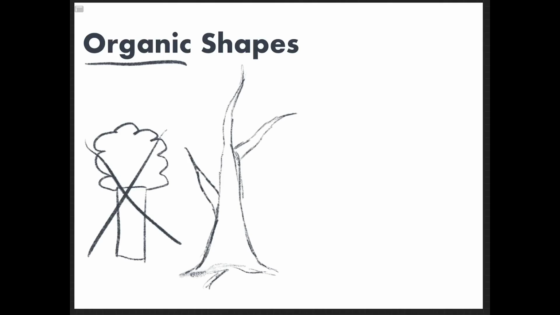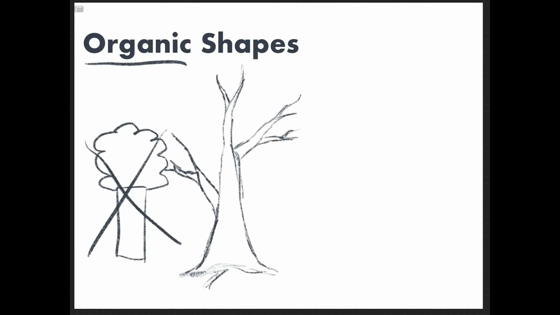We want some to be lower, some to be higher. And we also want to consider that the branches will have branches coming off of the branches. And then the branches that come off of the branches will have smaller branches coming off of their branches. And again, just keeping the thought that each branch twists and bends.